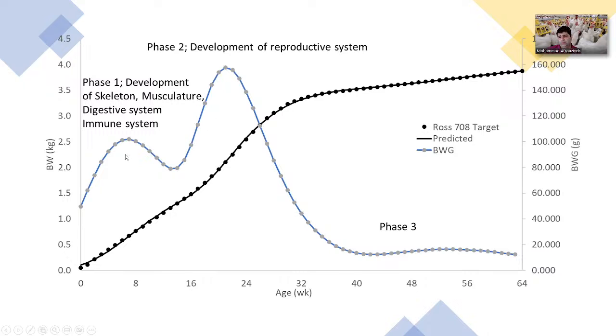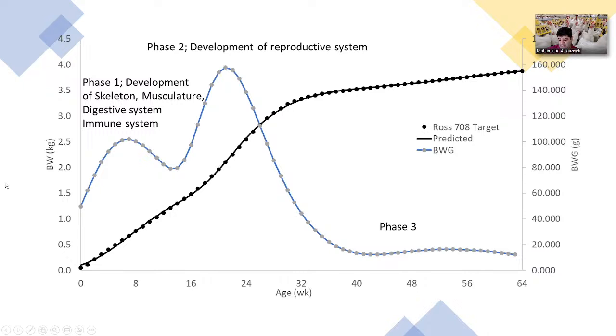If you plot the body weight gain, as you can see in the blue curve, there are three different phases, and they are bell shaped, and each one represents a growth phase.